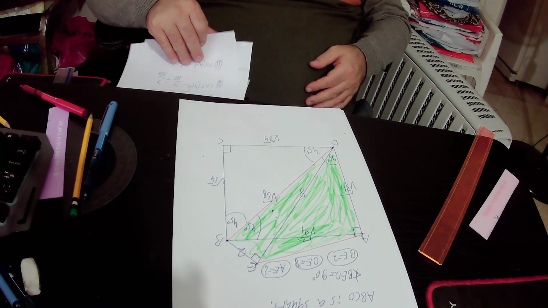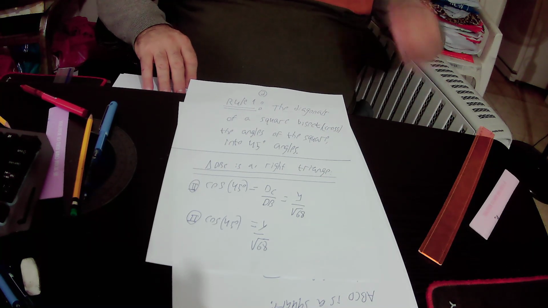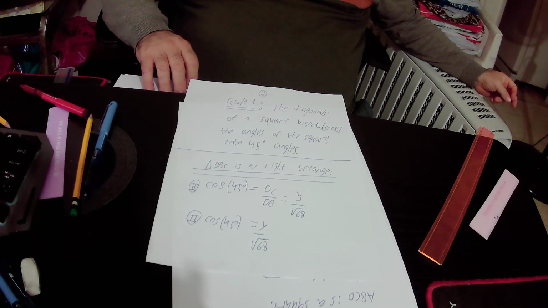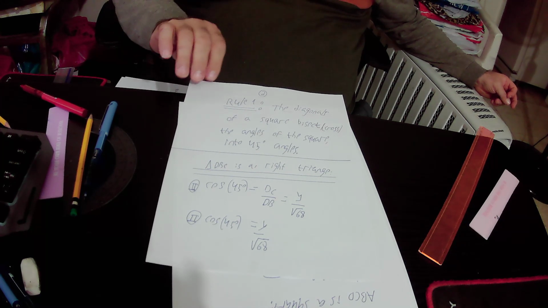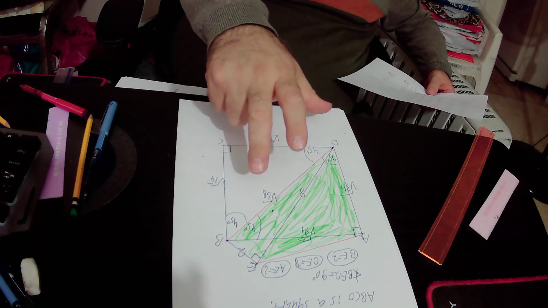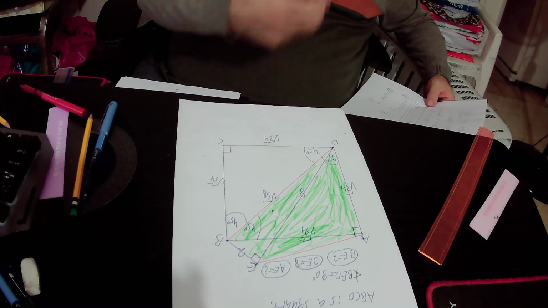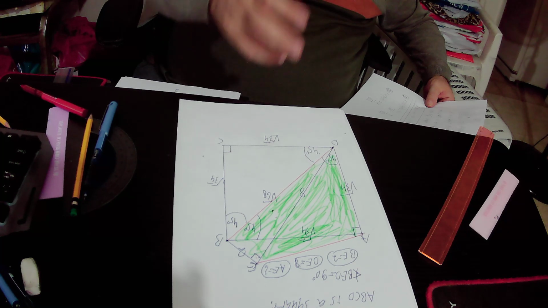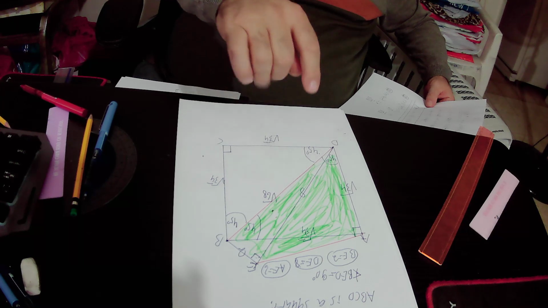Then I presented to you rule number 1. According to rule number 1, the diagonals of a square bisect the angles of the square into 45 degree angles. Okay, so here we have diagonal DB of square ABCD, and according to rule number 1, this diagonal DB bisects the angles of square ABCD into 45 degrees.